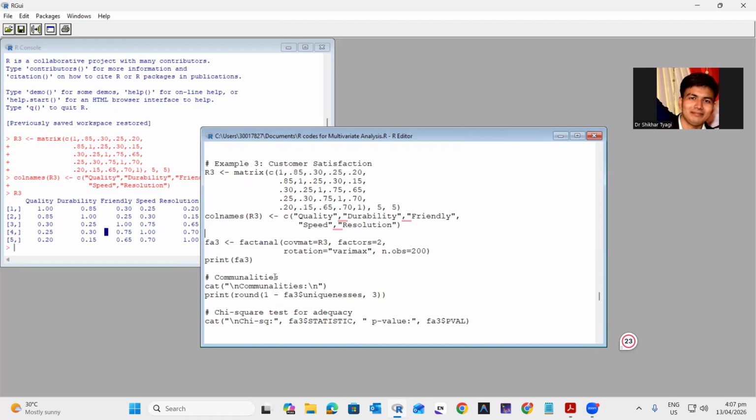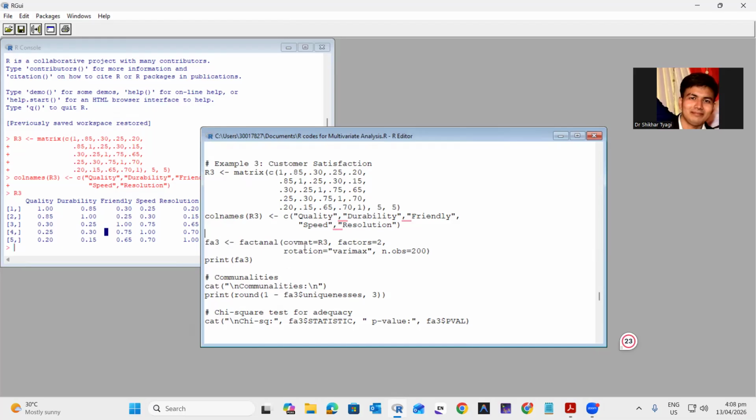There are different types of methods to find the estimates in factor analysis for your loadings and the variance of your error term: the least squares method, the principal component analysis method, or the maximum likelihood method. So the factanal command finds the estimates through the maximum likelihood method.